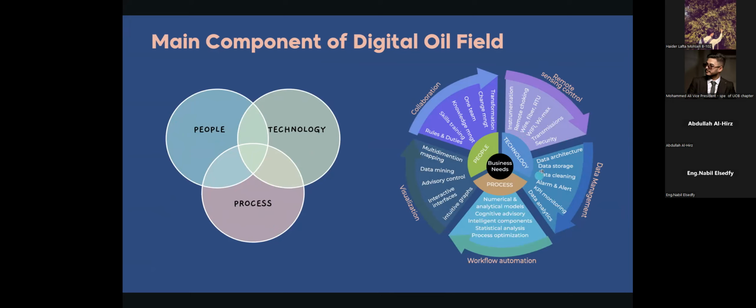This cycle can tell you in more detail what we mean by all these components together, and how we can expand that into 5 components, where we have the business needs, which is the people, technology, and process. We start from the remote sensing control, or RTU.